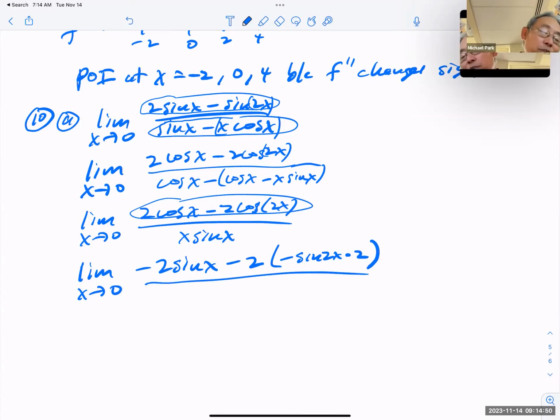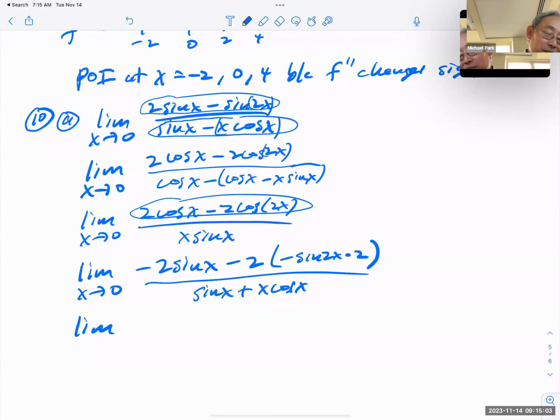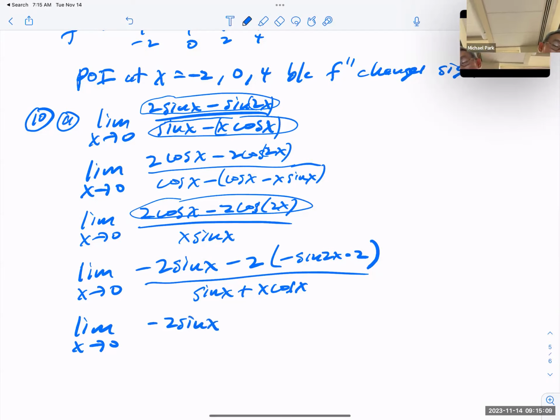Derivative of the first, which is 1, leave the second one alone, plus leave the first one alone, derivative of sine, which is cosine. Okay, now can I plug in 0 and get something? Well, let's simplify it first. I would simplify this to -2 sine x plus 4 sine 2x.